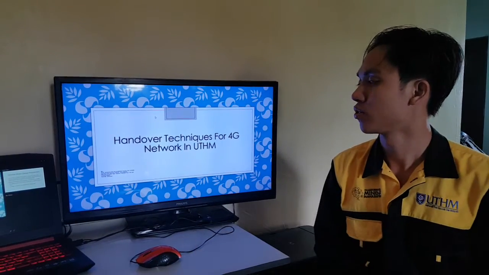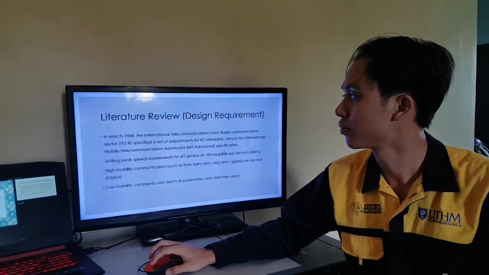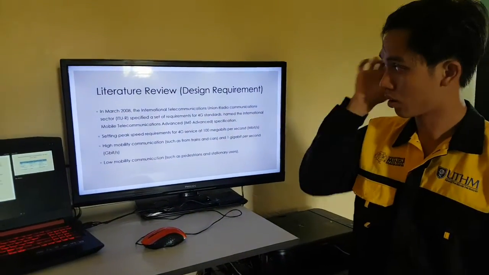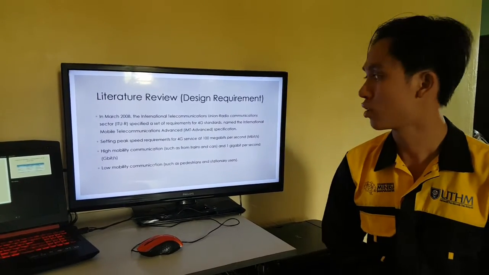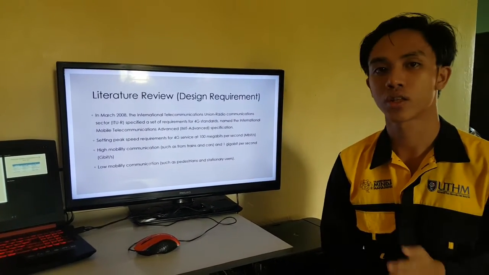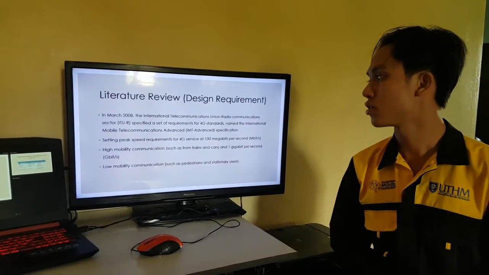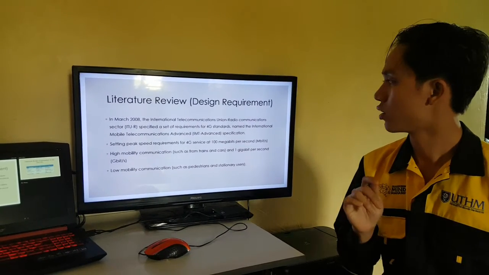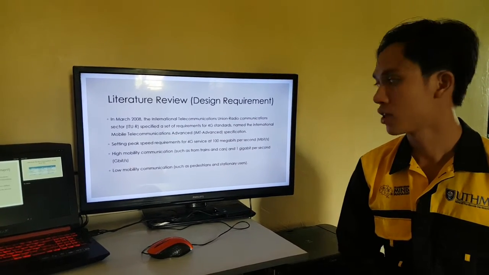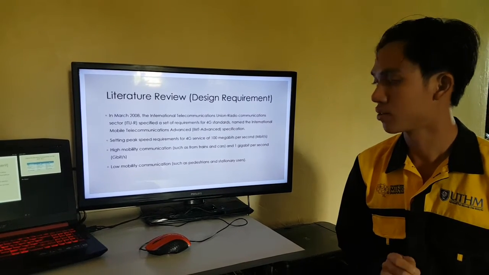Okay, so today we're going to talk about handover techniques for 4G network in UTHM. In March 2008, the International Telecommunication Union Radio Communication Sector (ITU-R) specified a set of requirements for 4G standards, named the International Mobile Telecommunications Advanced (IMT-Advanced) specification.